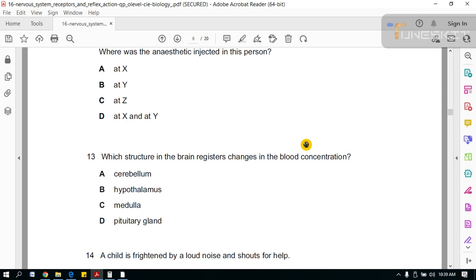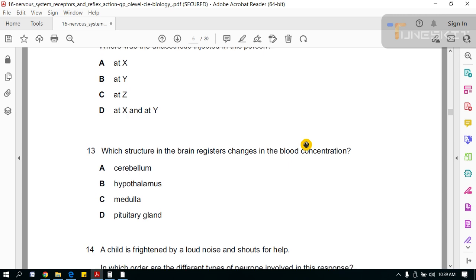Option B is correct. Which structure in the brain registers changes in the blood concentration? Cerebellum, hypothalamus, medulla, or the pituitary gland?